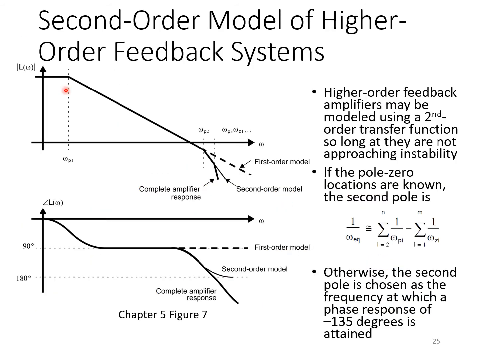Now on this slide, again, we're reminded that we can use a second order model for higher order feedback systems, as long as the magnitude and phase response closely approximates the complete response L, especially around omega t.